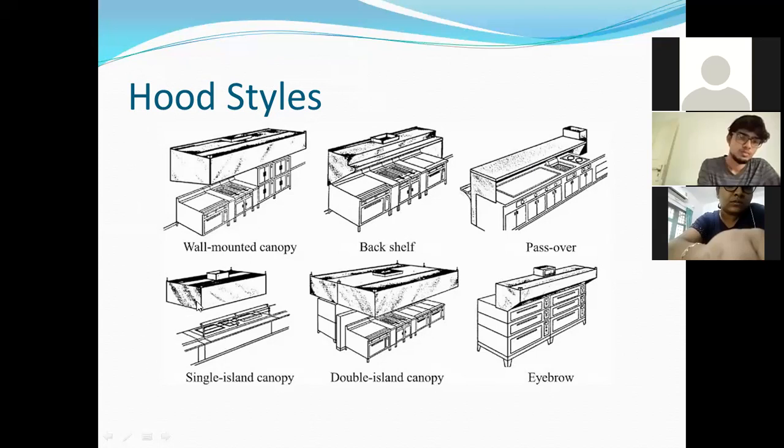This is a single canopy, single island. This is an island type, not wall mounted. The double island, you can see, is a double island canopy. Now you can see the eyebrow type. So these are the different hood styles that we use.